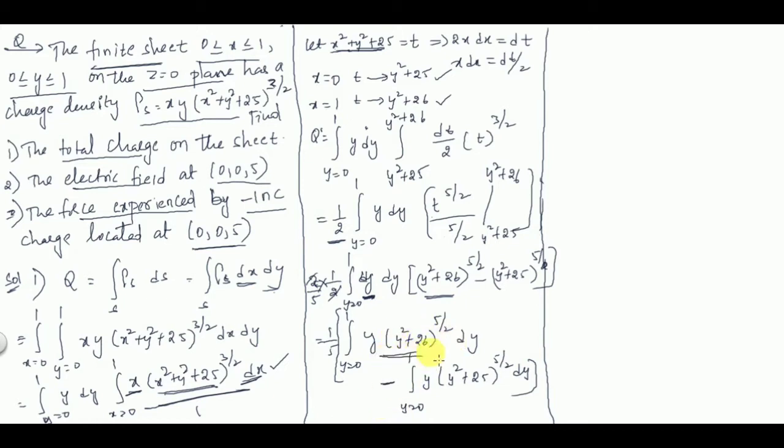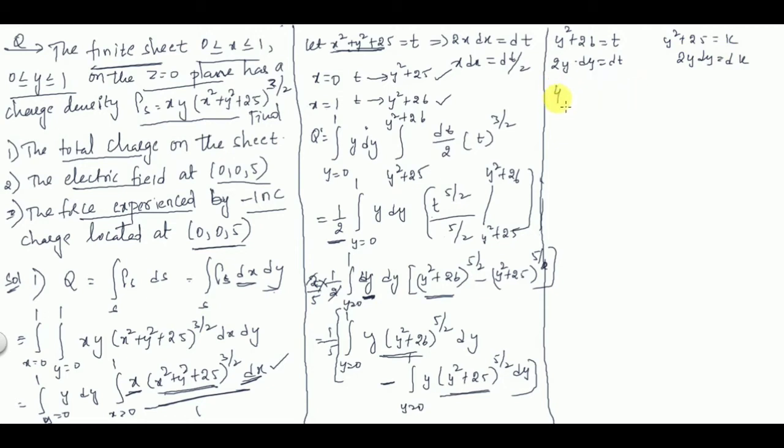So in the first integral I'm taking y square plus 26 equal to some variable t, and in the second integral I am taking y square plus 25 equal to some other variable k. So 2y dy is equal to dt, 2y dy is equal to dk.